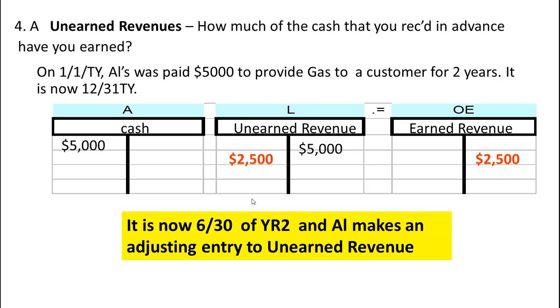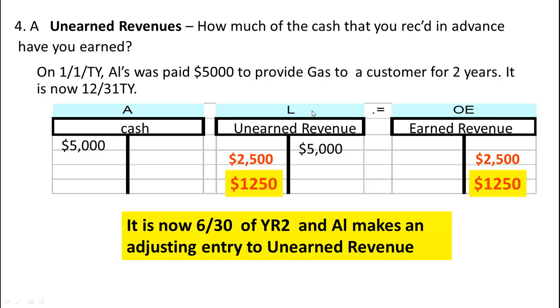And so we're going to take the amount that we have earned up through June 30th, which is half a year, which would be half of this $2,500 or $1,250, and take it out of the liability account and move it over to revenue. So that's showing what would happen at the middle of a year.